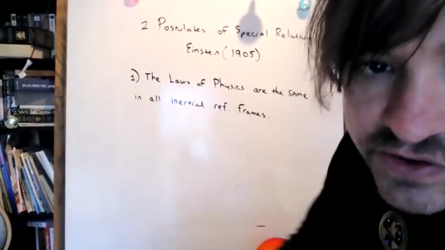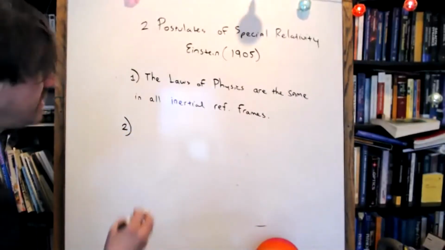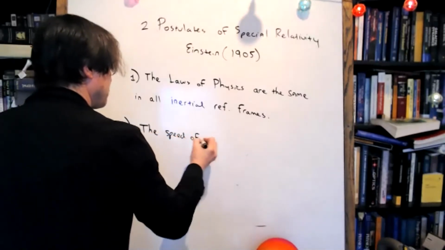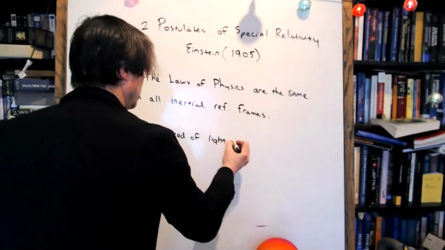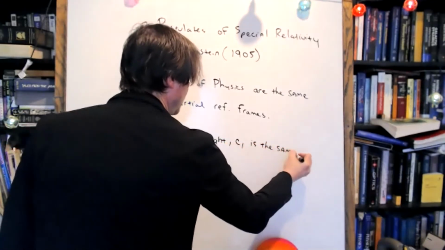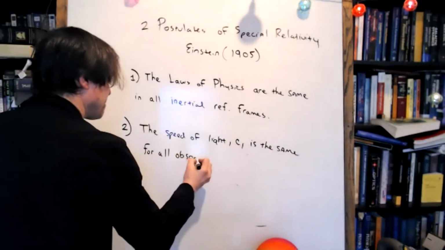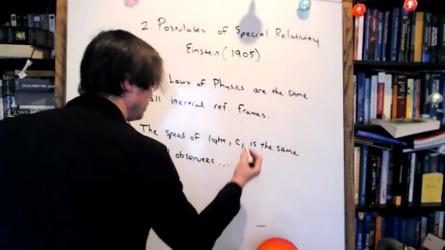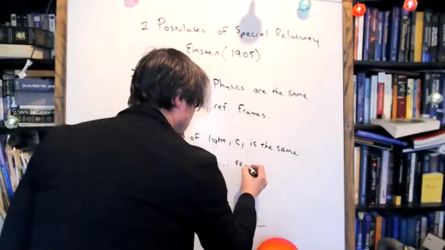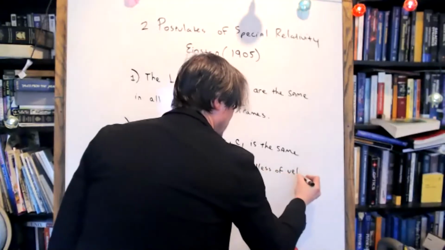It was the second postulate that caused some troubles. He claimed the speed of light, c, is the same for all observers, regardless of velocity.